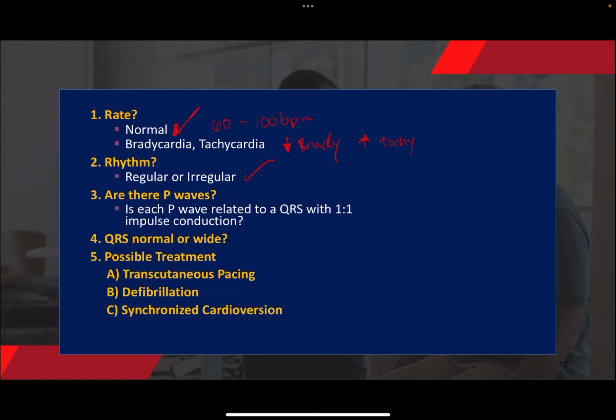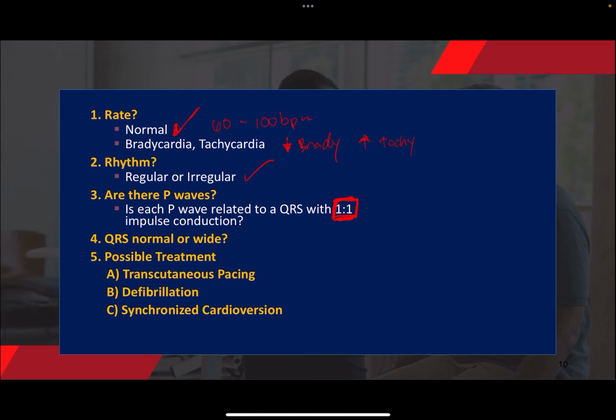And then the next thing that you need to look for is, are there P waves on that ECG? There should be one P wave for every one QRS. So there should be a 1:1 conduction. Later I'll discuss further on the heart blocks.